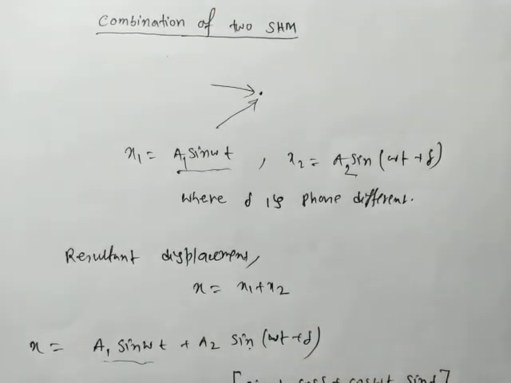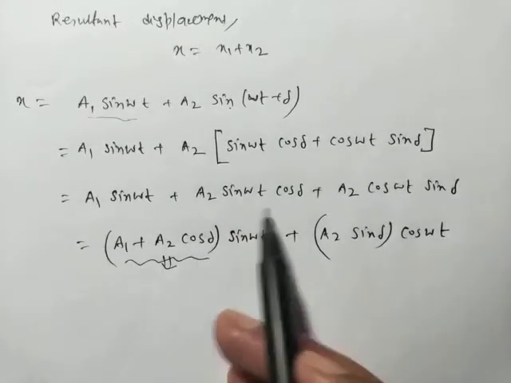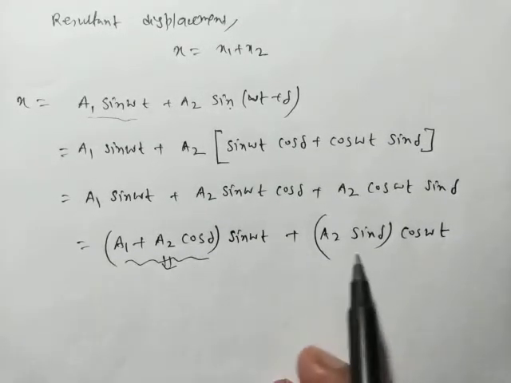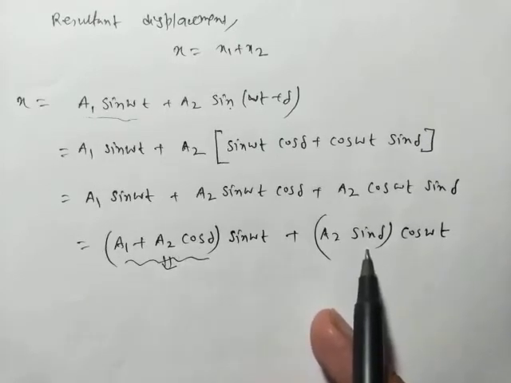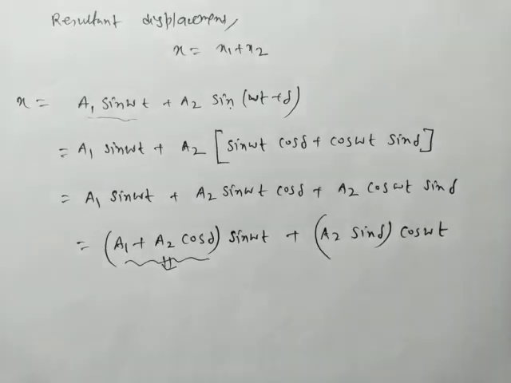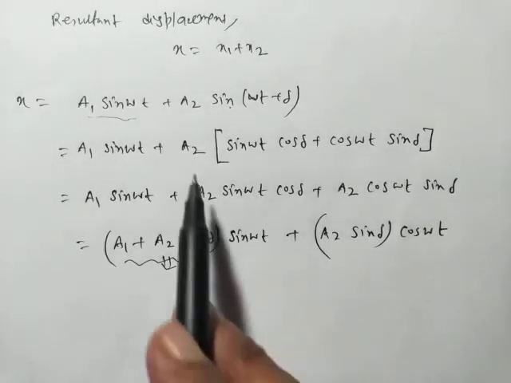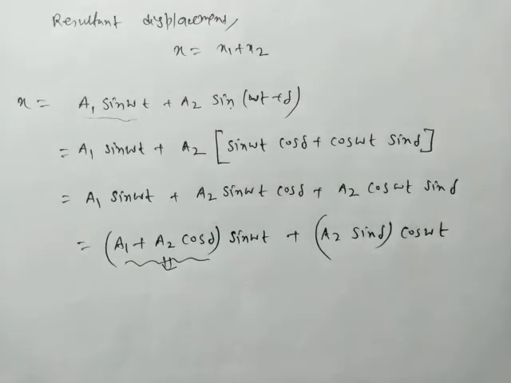The resultant displacement I have got up to here is not like that; it is a combination of these two. But we can write this combination in another form that looks like the individual displacement, a sin omega t or a cos omega t.